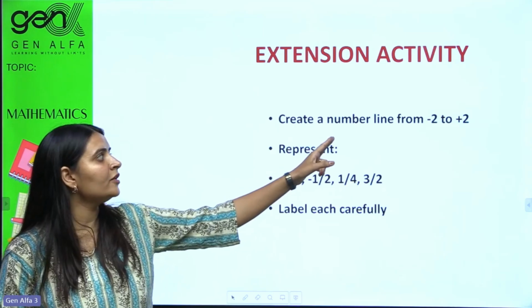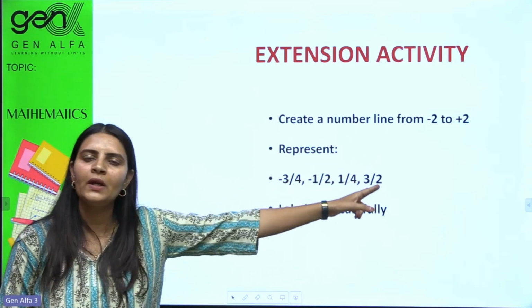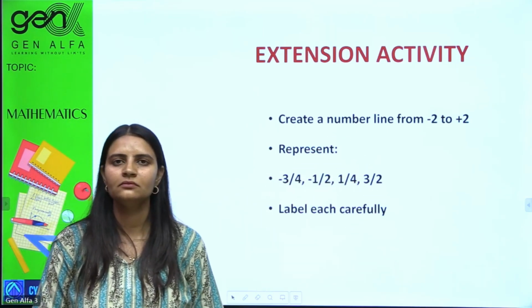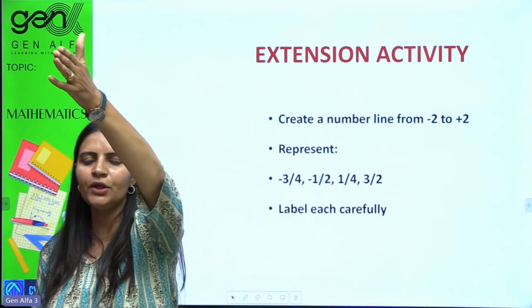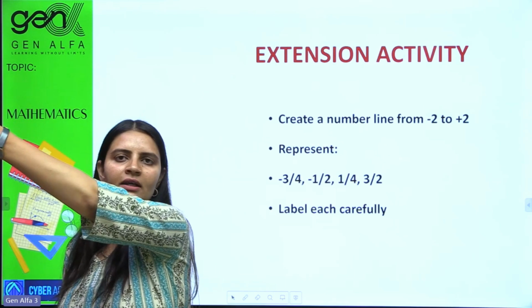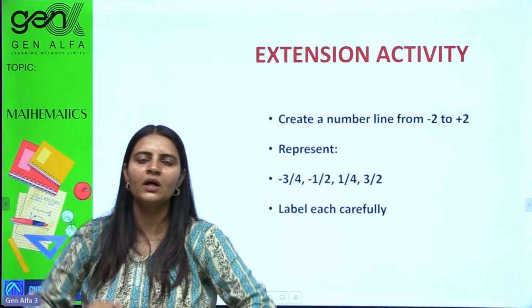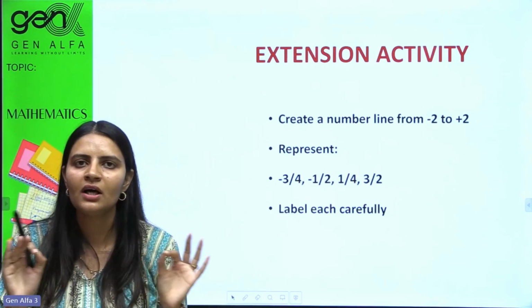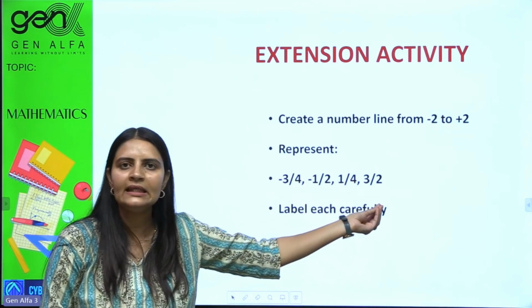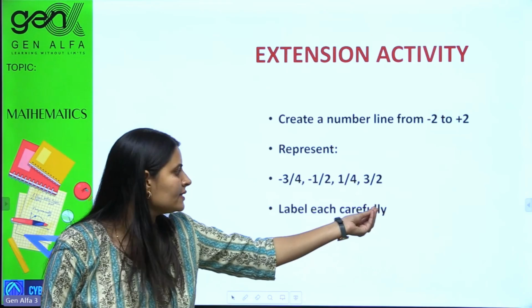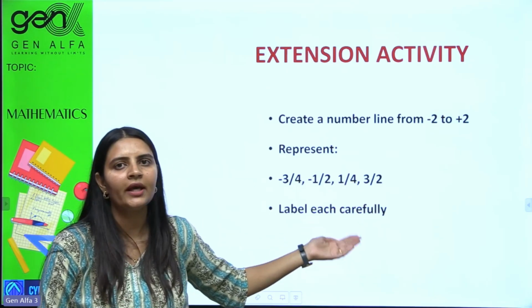Create a number line from minus 2 to plus 2. Minus 2, then minus 1 comes, then 0 comes, then positive 1 comes, then positive 2 comes. Just draw a number line and you have to represent these rational numbers. Label each carefully.